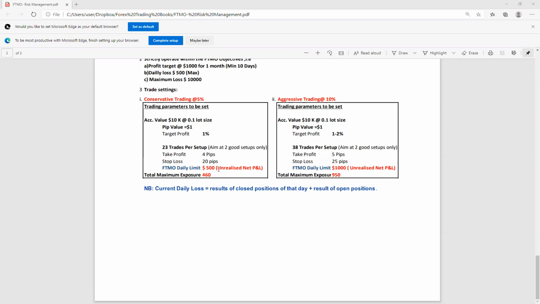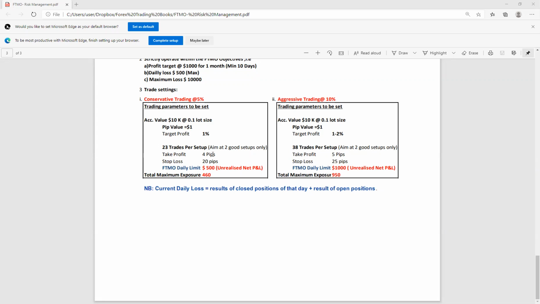So if you take 23 trades at once and treat that as one setup, then you let the market go, with your TP set at 4 pips. Within a short period, if the market is moving, it is going to hit your 4 pips.